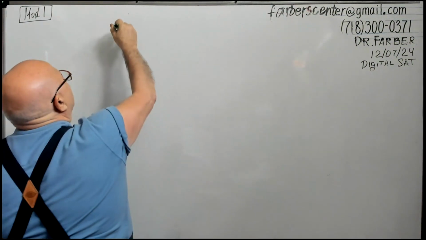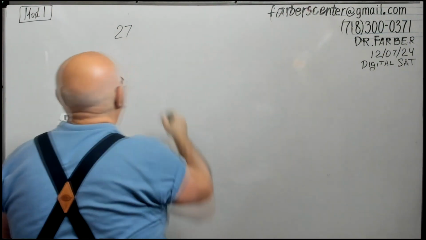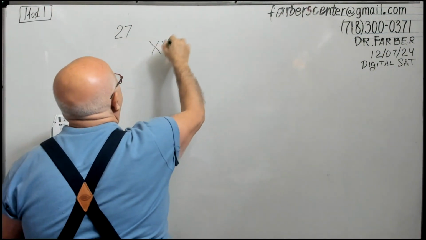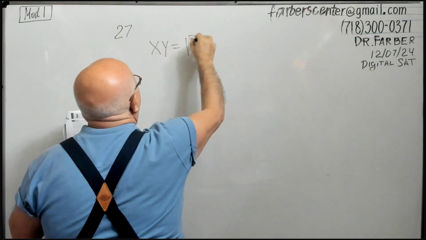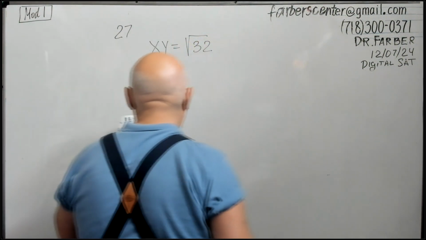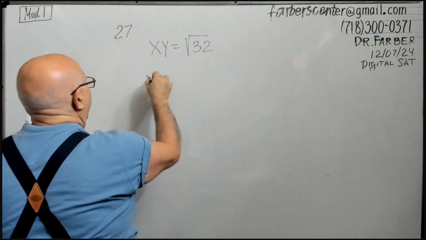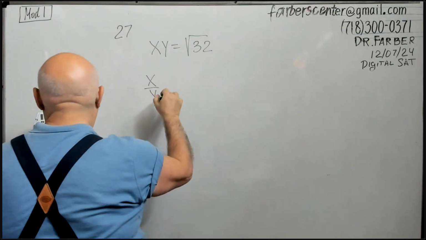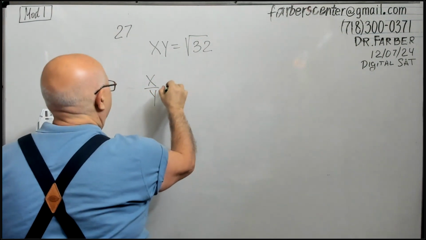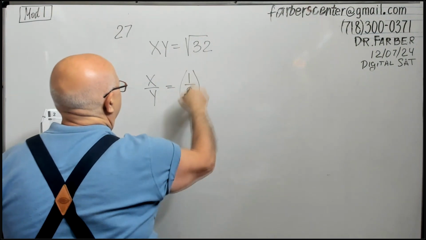Okay, the last one from this module is 27. xy equals the square root of 32, and x over y equals 1 over 2 to the power 1 over 2.